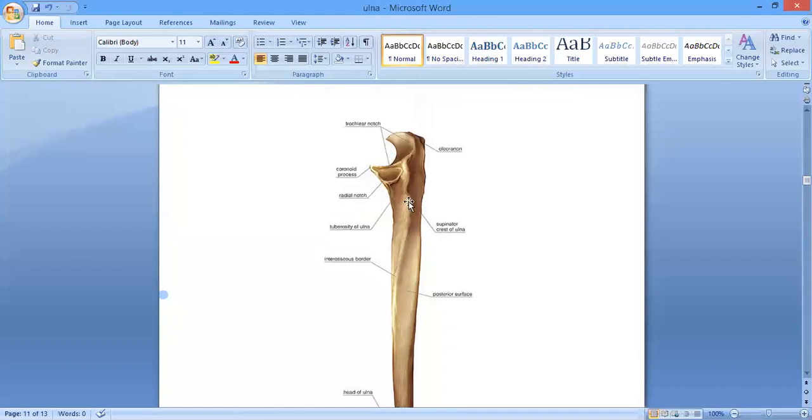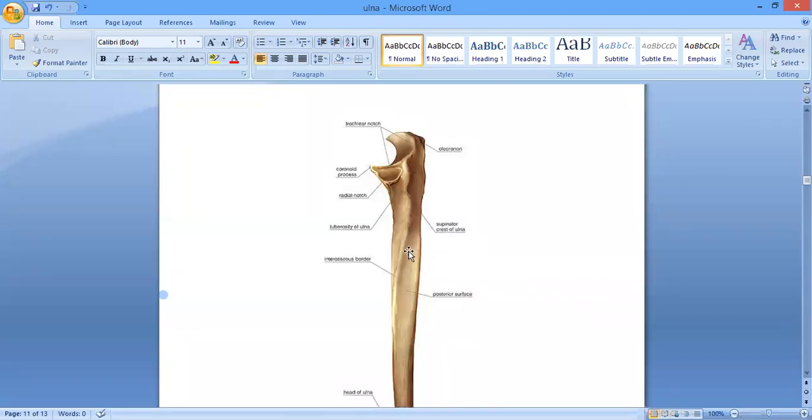This is called as, मैंने आपको बताया था जी, ये posterior aspect of the radial notch से crest आती है, which is just going down to be continuous with the posterior border. That is called as a supinator crest. You see, right?